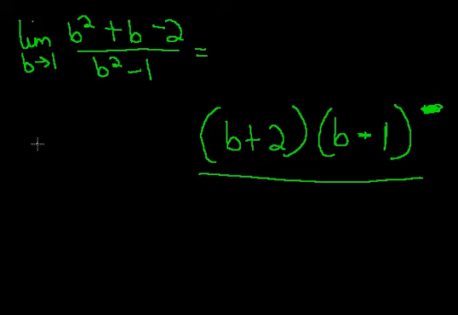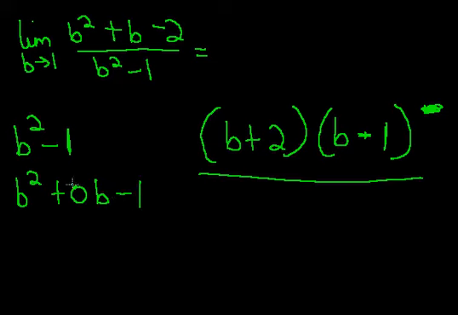That's not an exponent. And so let's try and factor the denominator too. So the denominator is b squared minus 1, and we don't have three terms right here. But this is pretty much the same thing as saying b squared plus 0b.